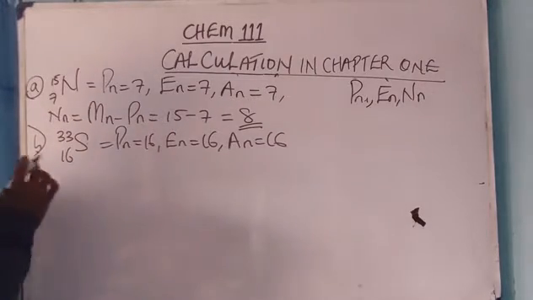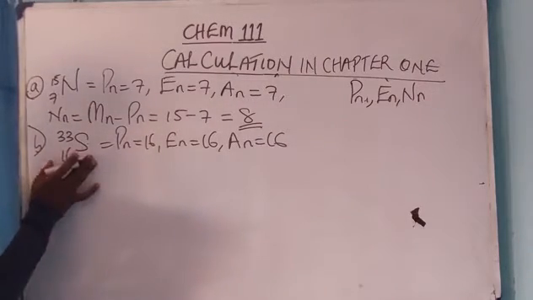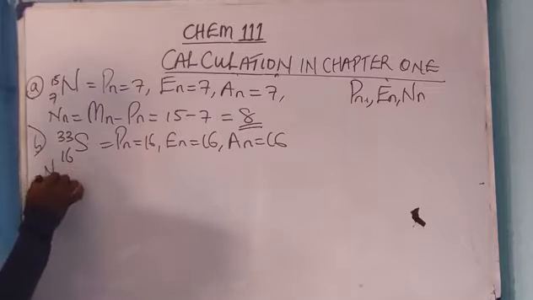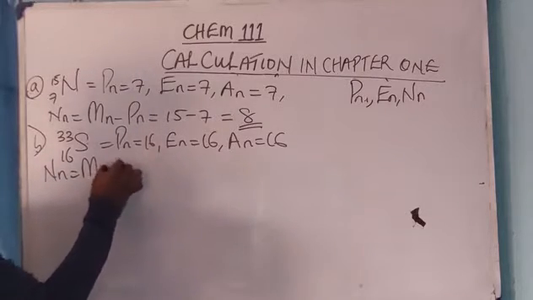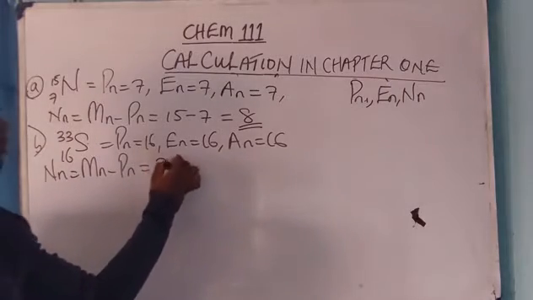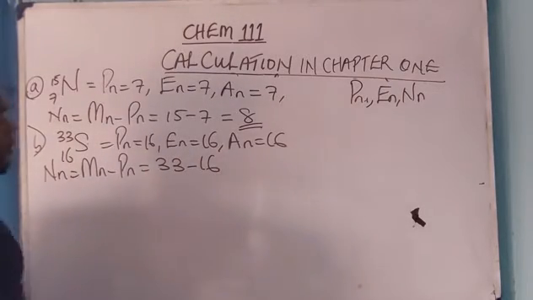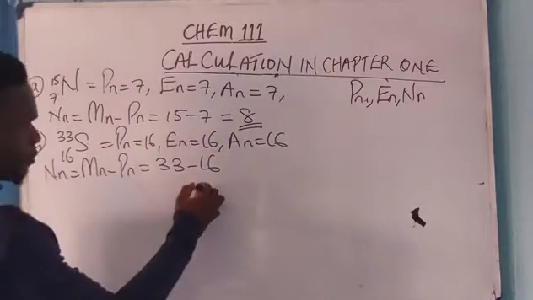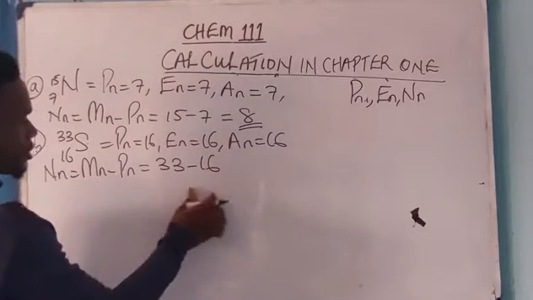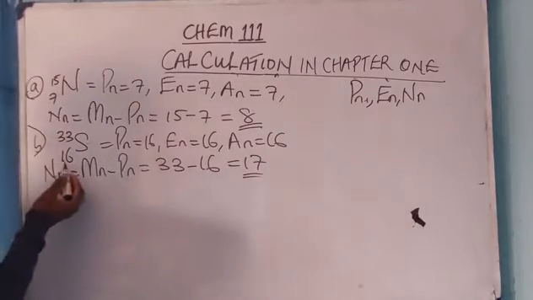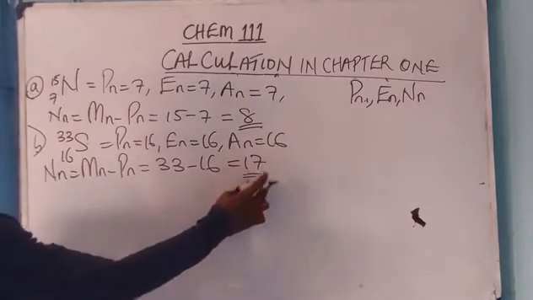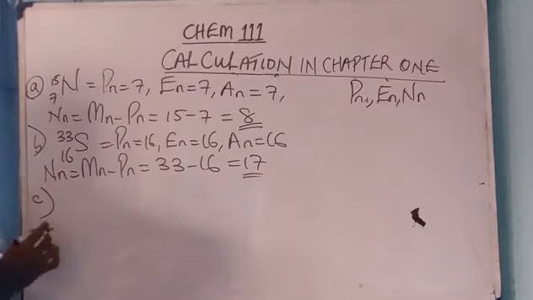Now for the mass number of this entity, the neutron number becomes mass number minus proton number, and that is 33 minus 16, which is 17. The answer is 17. Which means that the neutron number of sulfur is 17.